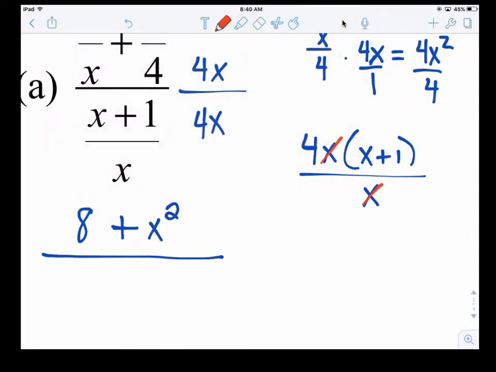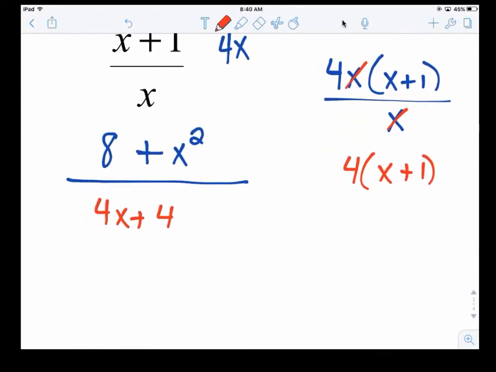The x's go away, and you're left with 4 times x plus 1, which is 4x plus 4. Can I do anything with that?